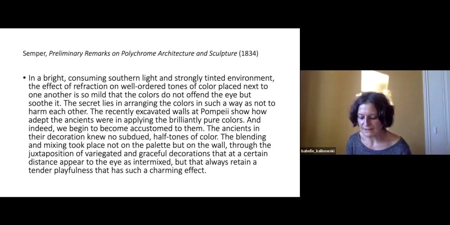The appearances of perception have to be rectified by a hermeneutics of the ancient decor, by a science of its interpretation. Semper's concept of vision is therefore historicized and critical.